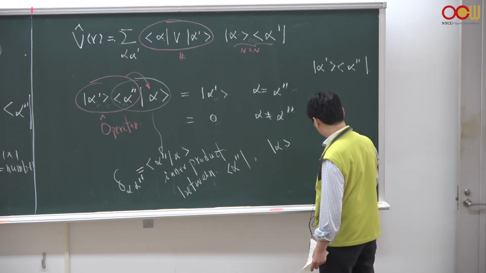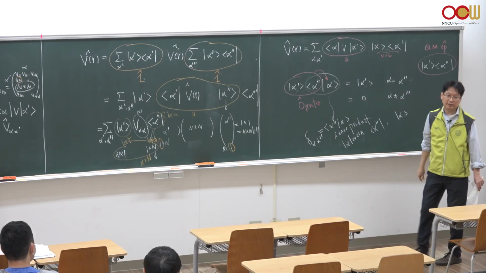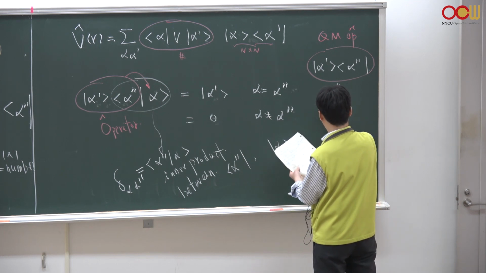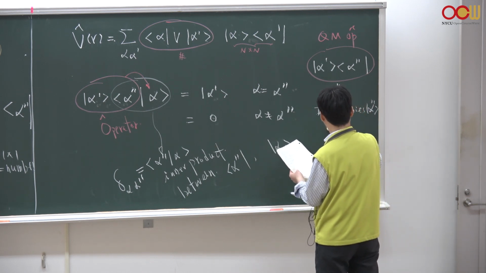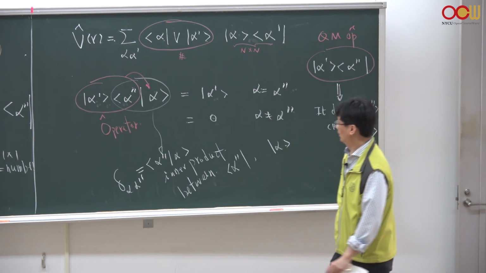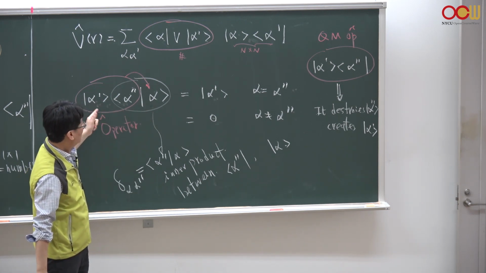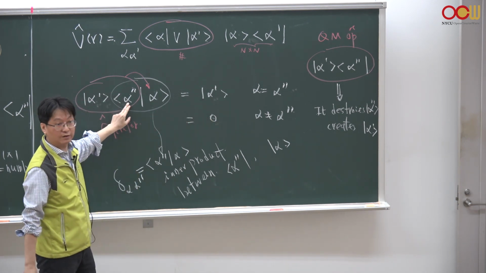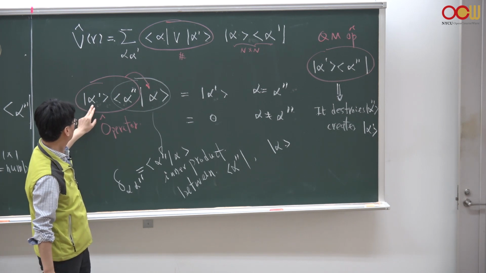So this as a quantum mechanical operator, when it acts on any arbitrary state alpha, tells us that it destroyed the state alpha double prime, and it creates the state alpha prime, right? Because when this operator is acting on this alpha, the final answer is only 0 or alpha prime, so the original state alpha double prime is going away, and instead it creates this alpha prime.